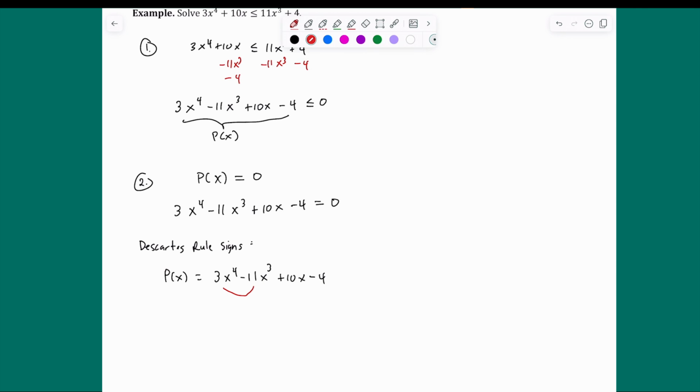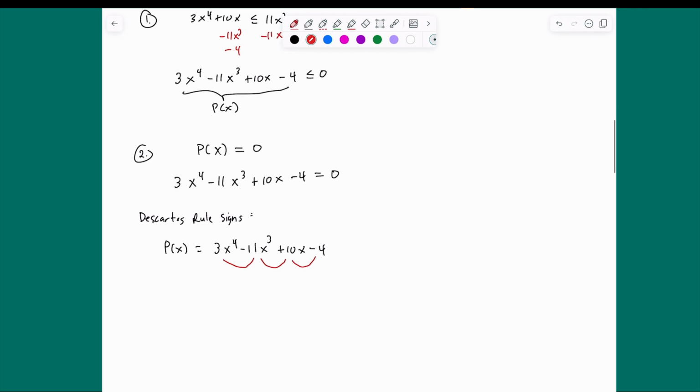Then from a negative 11 to a positive 10, that's another. And then positive 10 to a negative 4, that's another. So there are 3 sign changes. Descartes' rule of signs tells us there's going to be either 3 or 1 positive real solutions.